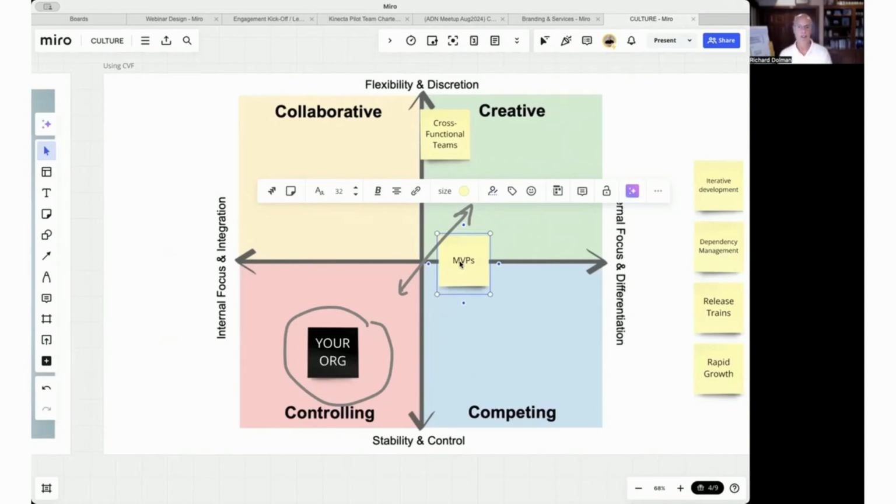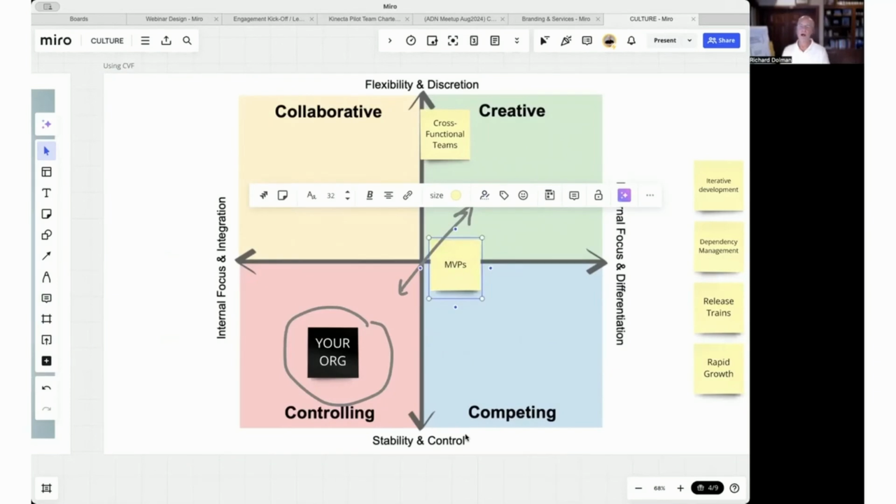Now, the other dimension of MVP will actually be less tension, because it's about delivering quickly to your customer or to the market. So the second dimension of MVP comes a little bit more squarely down into competing. And as we've already talked about, competing culture has a shared focus on stability and control, with hierarchy and control.